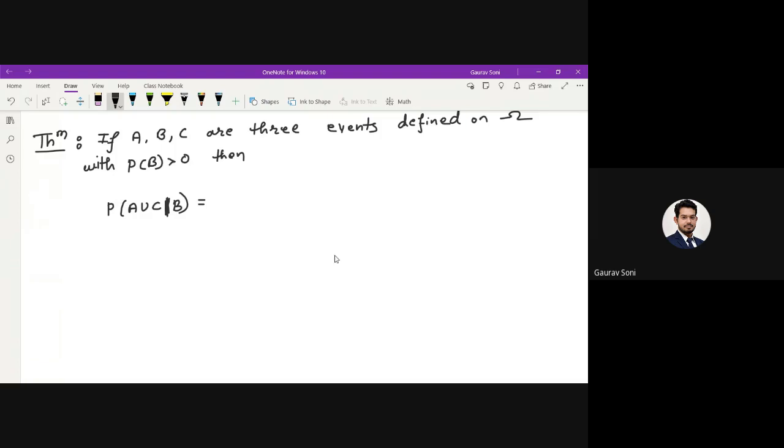Okay, what is your formula? Probability of A union C given B is equal to probability of A union C intersection B upon probability of B. Can you simplify the numerator?